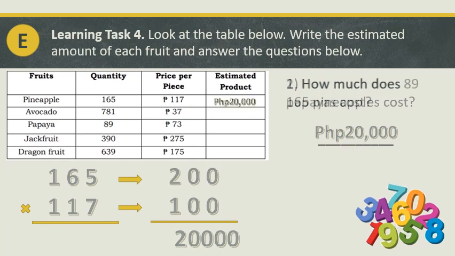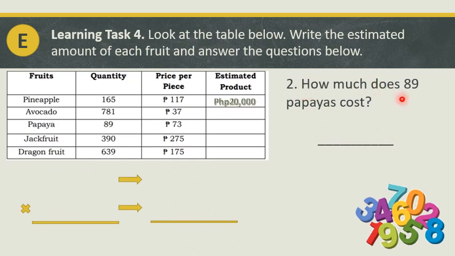Then, number 2, magkano naman daw yung 89 papaya? So, ang 89 papaya, ang isang papaya ay 73. So, estimate natin. So, since ang katabi ng 8 is 9, malaking number to, so magiging yung 8 natin, mapa-plus 1 siya, so magiging 9. So, 90.